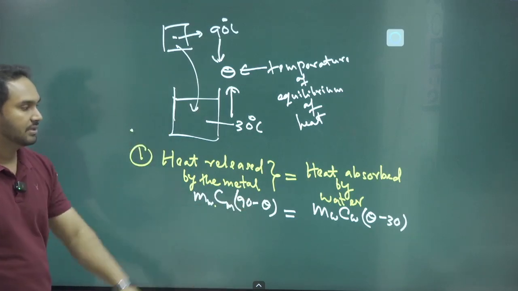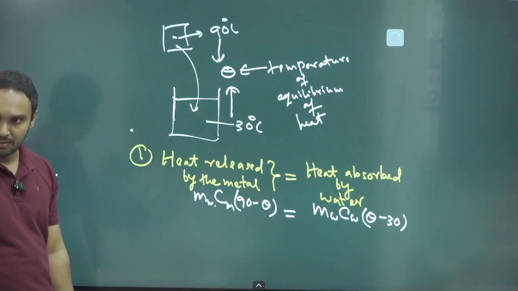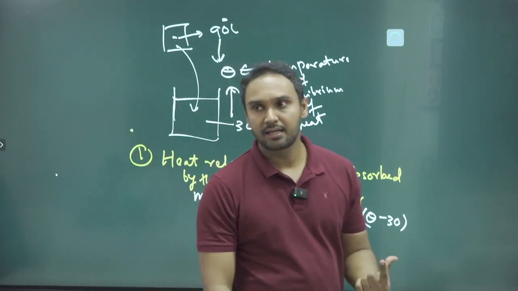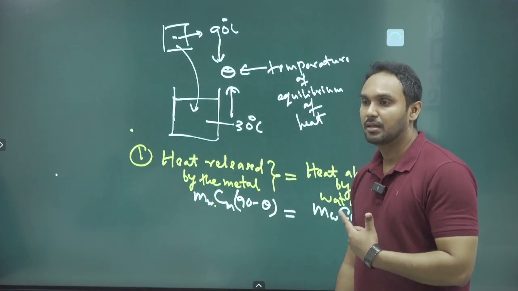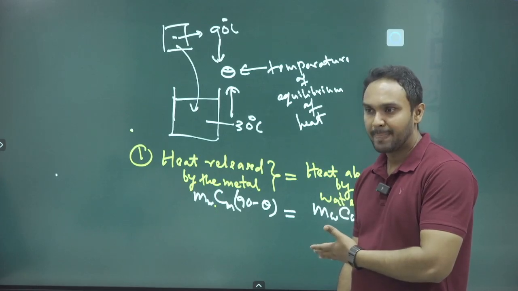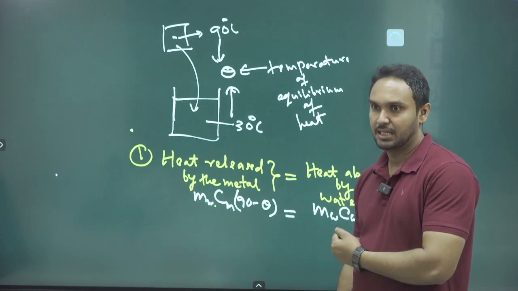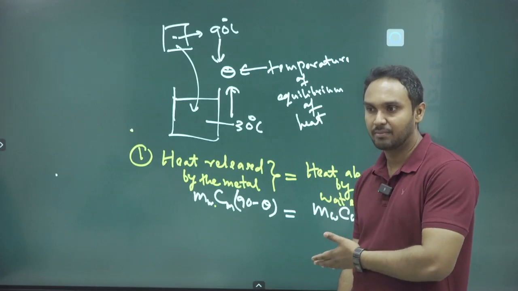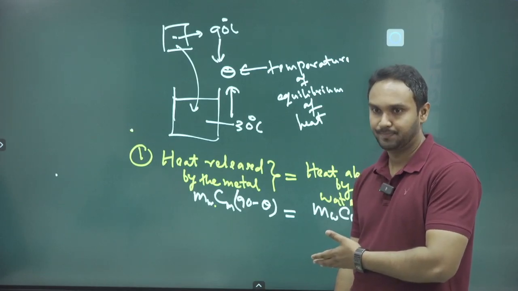So this equation you have to apply. Here we consider that the container doesn't absorb any of the heat, because the heat released by the metal has only been absorbed by the water.